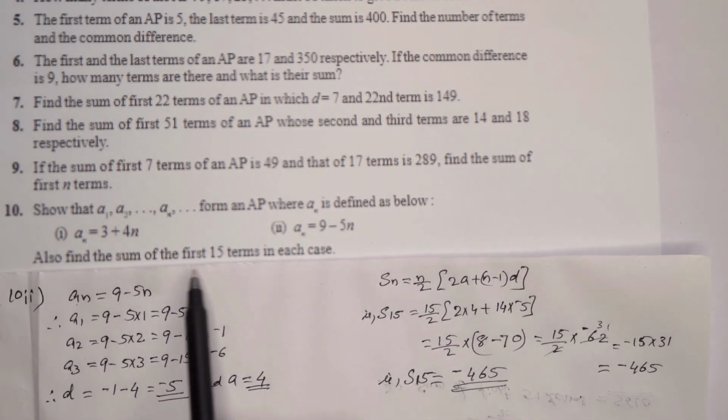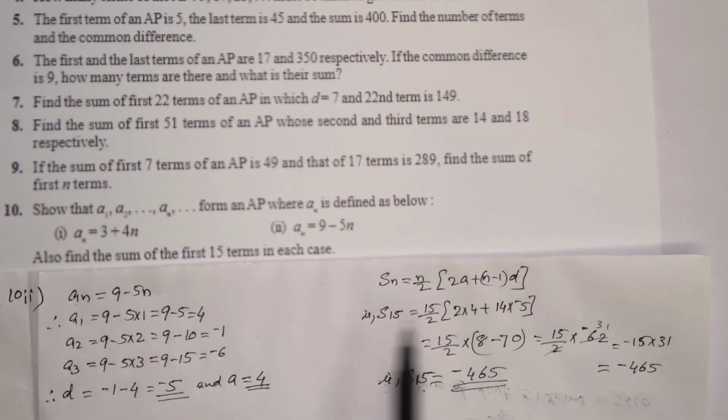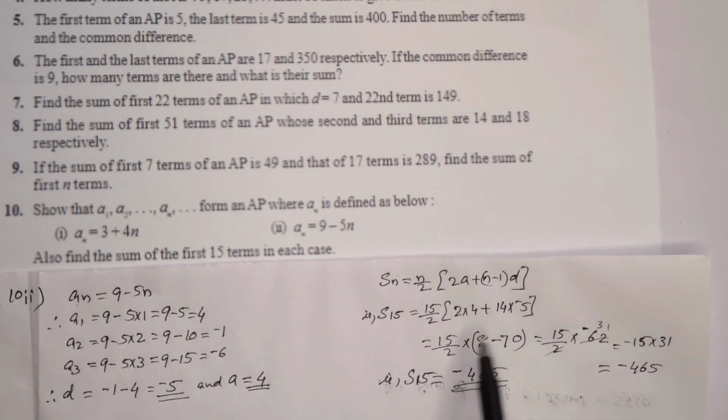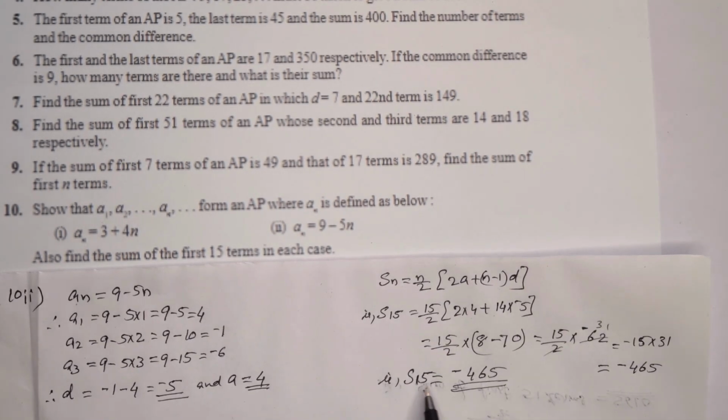Then here find the sum of first 15 terms, so n is equal to 15. In that formula, 15 by 2 into 2a, 2 into 4 plus (15 minus 1), 14 into d, minus 5. So we are getting here minus 465. So the sum of first 15 terms, S15, is equal to minus 465.